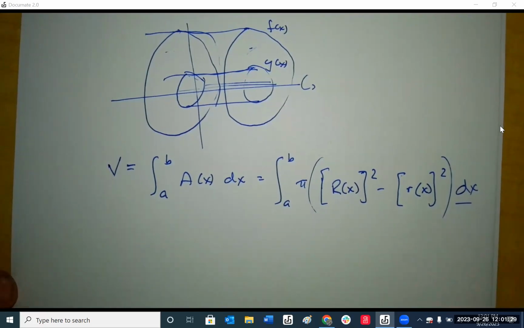Obviously, this is about the x-axis. We do the same thing with the y-axis. If we have time, we'll do that.